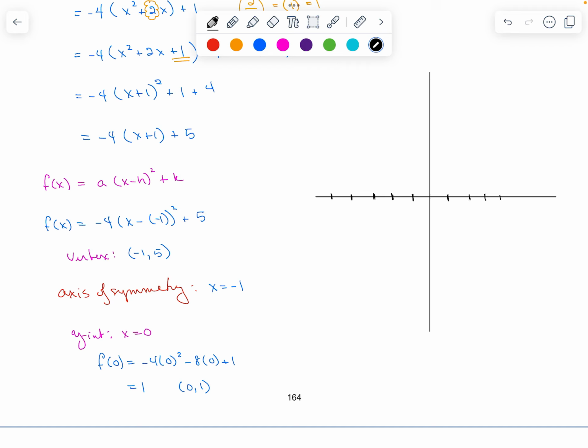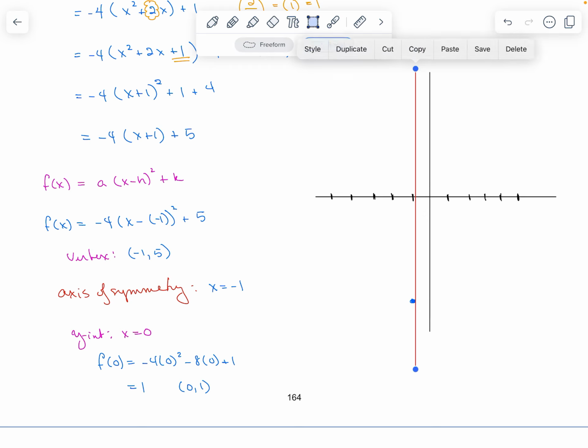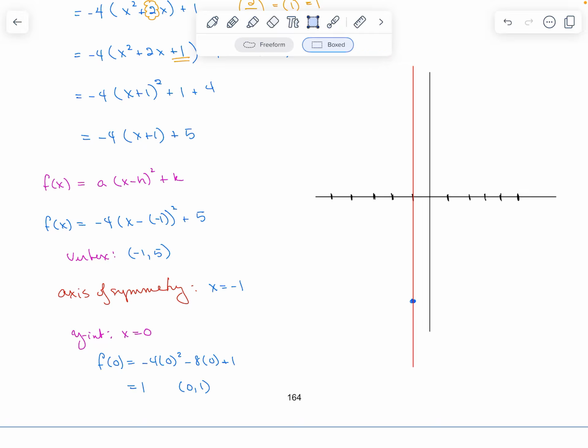This one would be fine because it only goes to 5, but usually you're not going to just do that. So negative 1, 5, we could just call it right there and be fine with it. The axis of symmetry, my whole goal in here is to make a straight, solid line. So that's the axis of symmetry. We'll label it x equals negative 1.